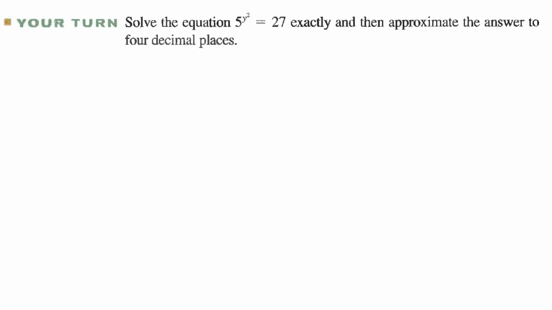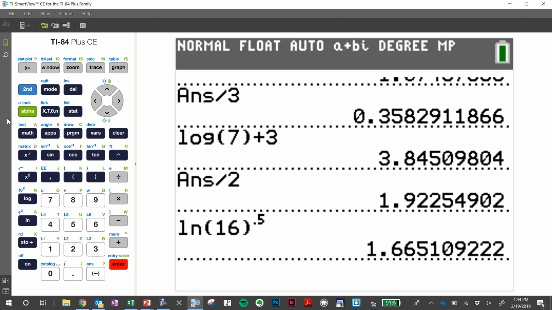Your turn. Hopefully we said y squared is equal to log base 5 of 27. So we'll say y is equal to plus or minus the square root of log base 5 of 27. And let's go to the calculator for an approximate answer. So we'll say log 27 divided by log 5.